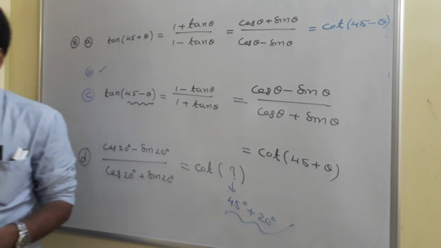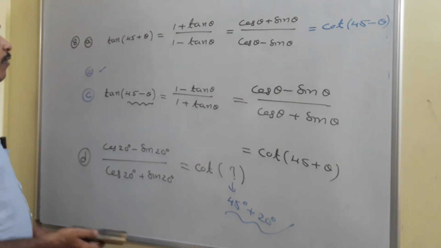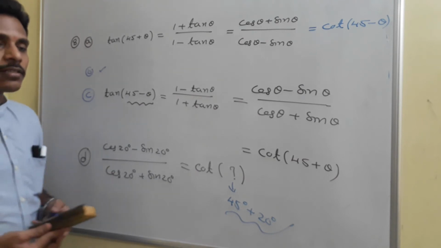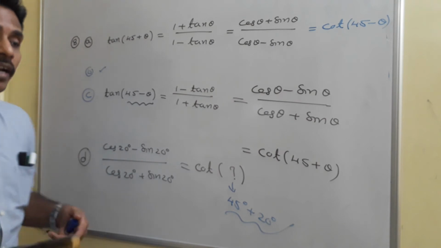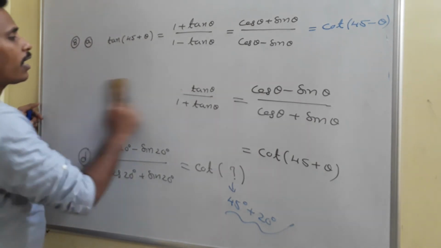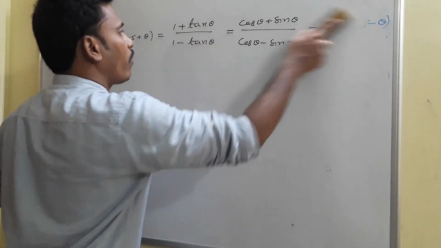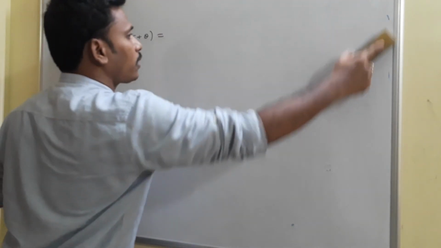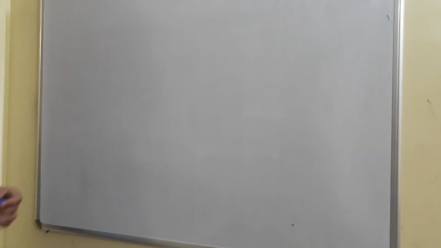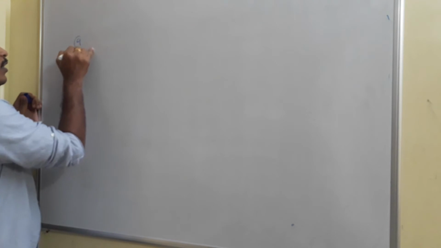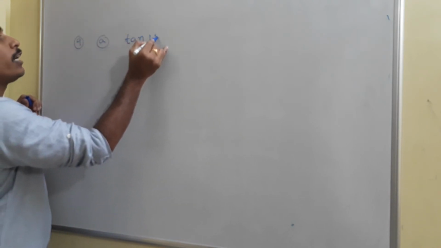Just have a look. All these things are related to the tan of 45 plus theta and tan of 45 minus theta. So using this, I can find tan 15 degrees as well as tan 75 degrees. Already we found sin 15, sin 75, cos 15, cos 75 in the previous cases. Now, ninth bit, there we can find tan 15 and tan 75. 9a: I am going to find tan 15 degrees.